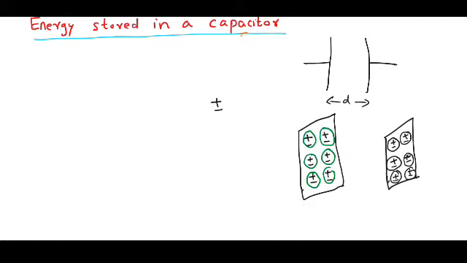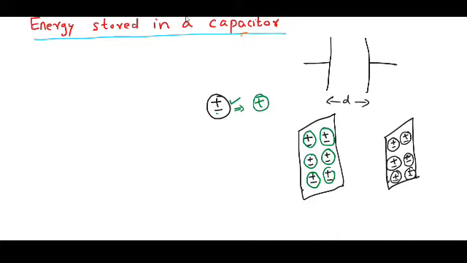If this is a representation of a neutral atom, and the positive symbol represents the total amount of positive charge and the negative symbol represents the total amount of negative charge in the atom, and if a single electron is removed from this atom, then there will be a deficiency of an electron. Therefore, this atom is said to be positively charged.